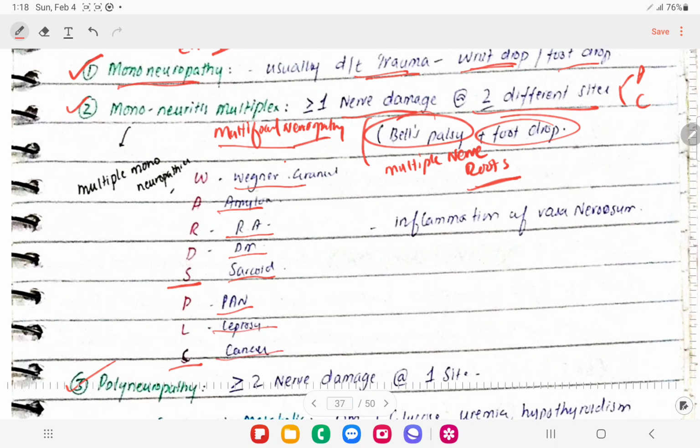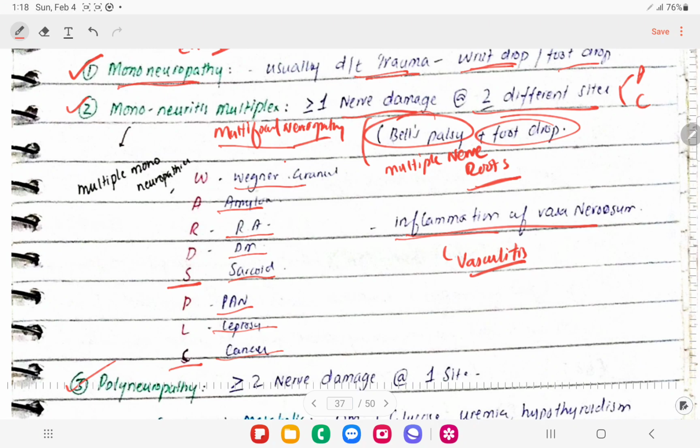So these are the important causes of mononeuritis multiplex, also known as multifocal neuropathy. Basically, we're going to see inflammation of the vasa nervorum in these patients. So vasculitis is an important cause of mononeuritis multiplex, right?